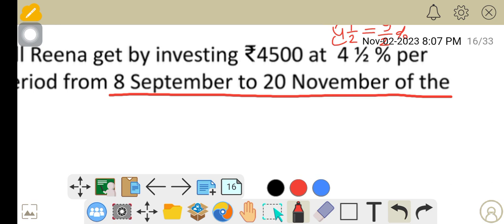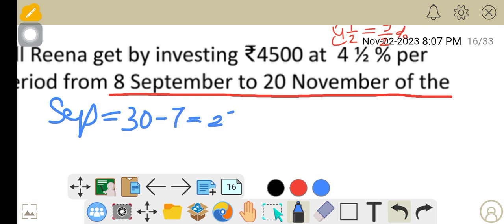So we will ignore 20 November and we will start counting from 8 September. In September there are total 30 days, but we are going to start from 8 September. So we will have 30 minus 7, so total we have 23 days.